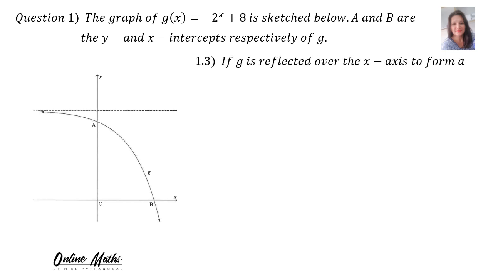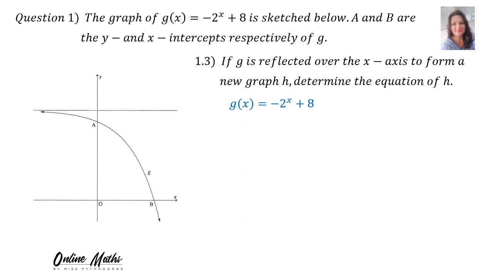Question 3. If g is reflected over the x-axis to form a new graph h, determine the equation of h. Now what we have is g of x is equal to negative 2 to the x plus 8.